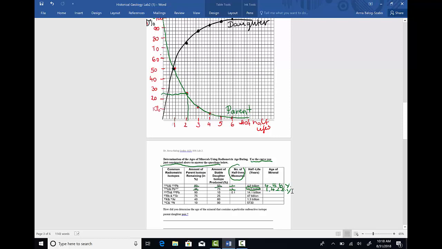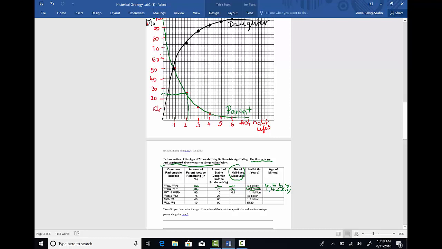Because 2 times 713 million years is 1,426 million, and 1,000 million would be 1 billion. So 1,426 million is equal to 1.42 billion years.